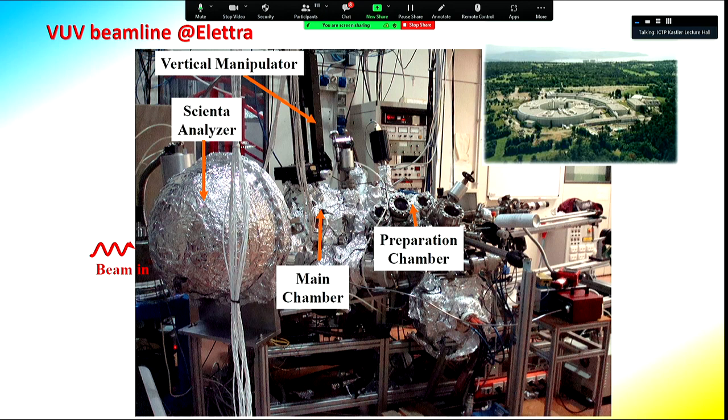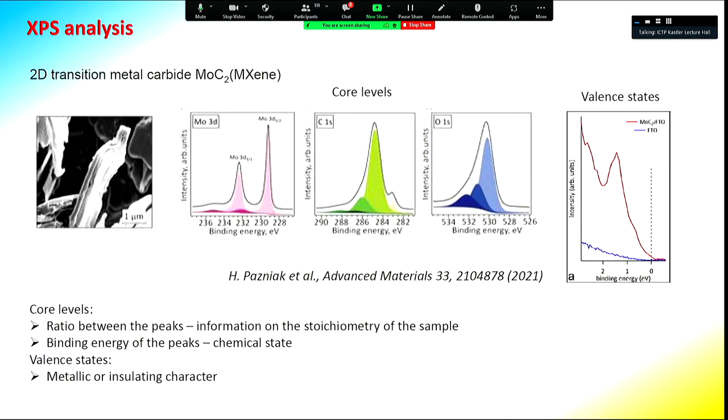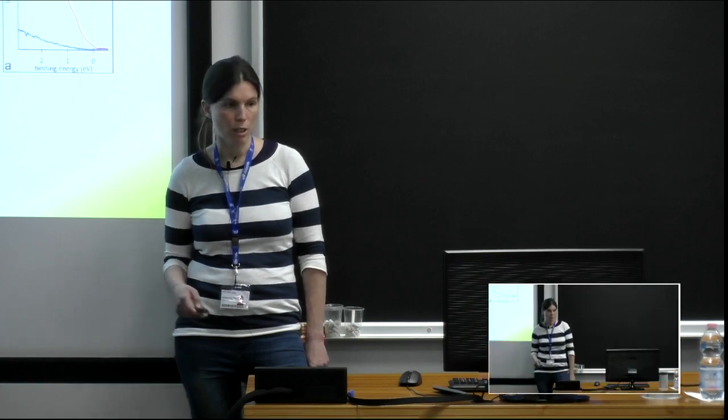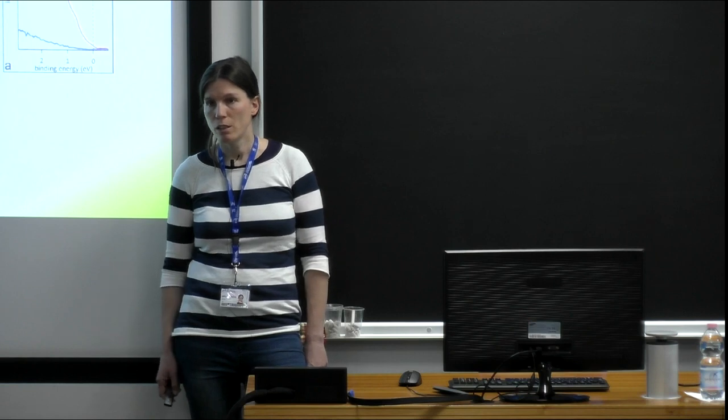That means we are covering the core levels of oxygen, so we can also see what happens to the oxygen. How difficult it is to prepare the sample depends on the sample. Some samples, like a topological insulator, you can just bring into the vacuum, cleave the surface and measure it. Sometimes you can spend several days trying to prepare the surface and not get it. It depends a lot. Okay, any more questions from the audience?